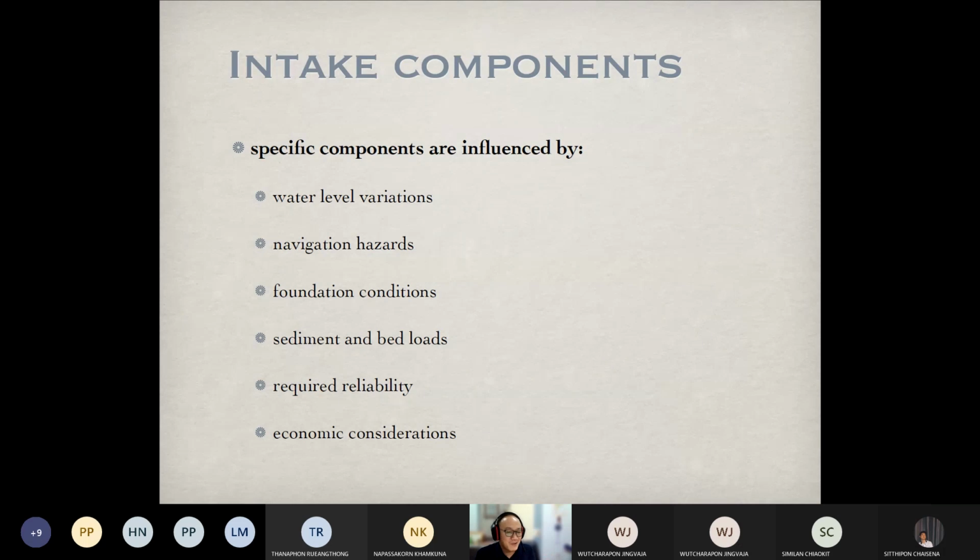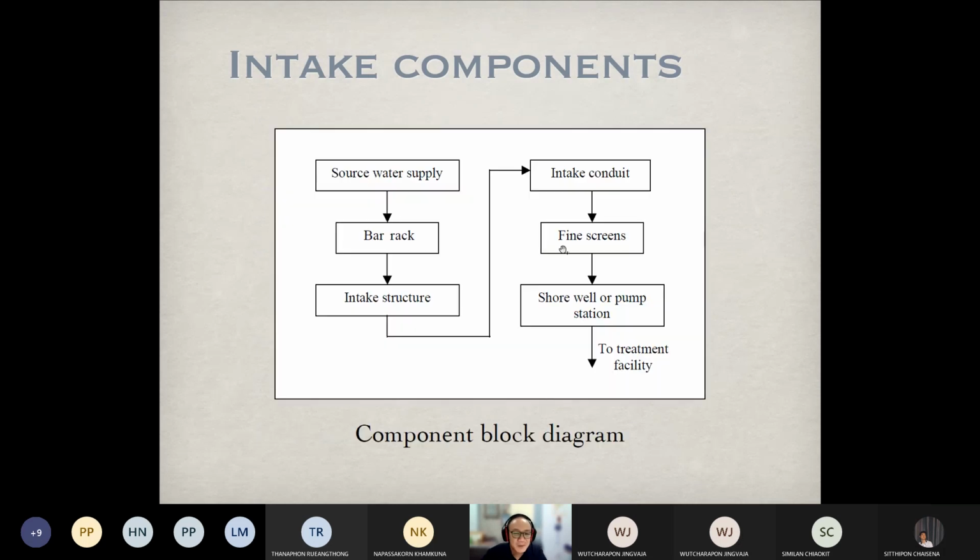Otherwise, the community will not have any water supplied to the people who live in the community. Economic considerations, of course: whatever we build, we need to be concerned about the budget.